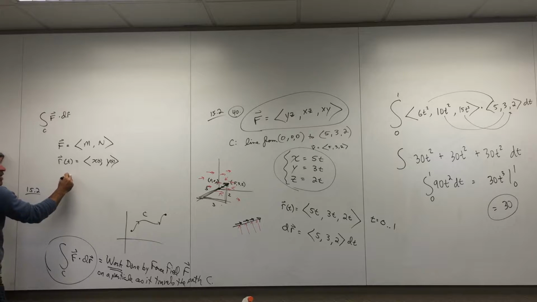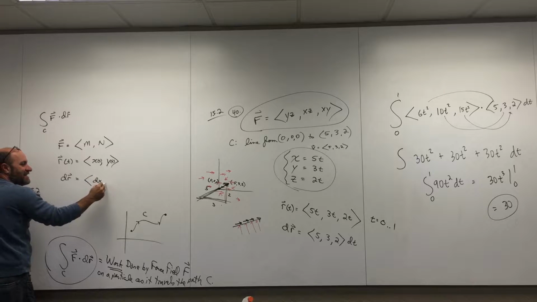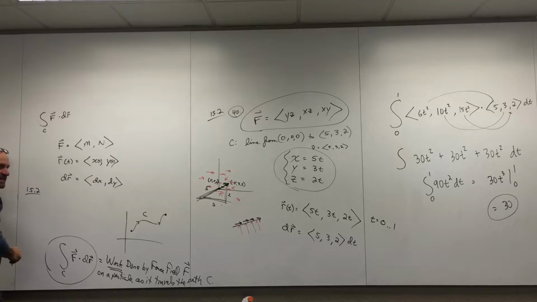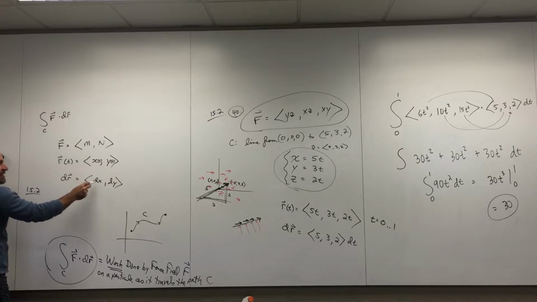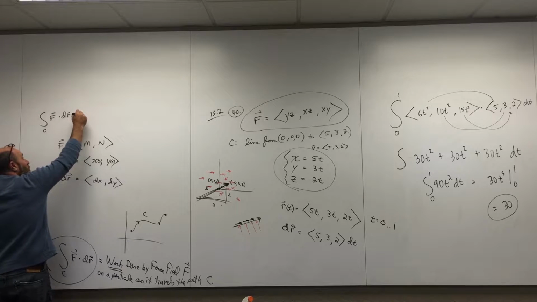So I want dr, which is the derivative, which, if you don't mind, I'm going to call dx, dy. So really, I don't want to call it a function of t, maybe. Now I'm calling it dx, dy. What I'm trying to get to here is this other form. Watch this.